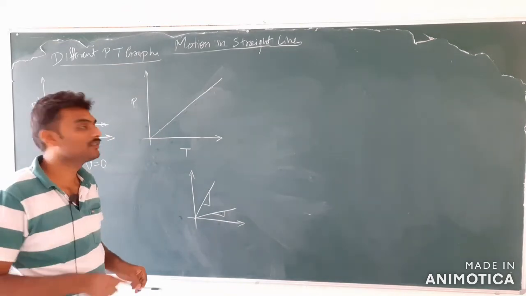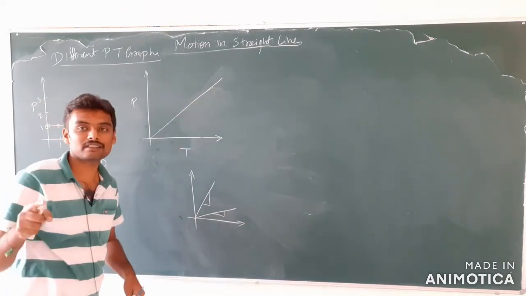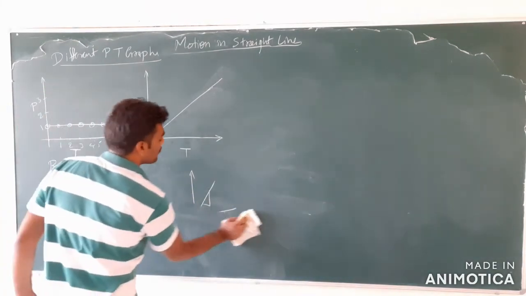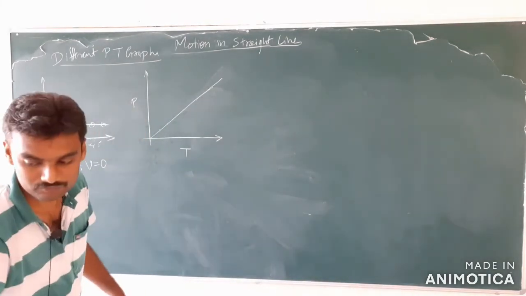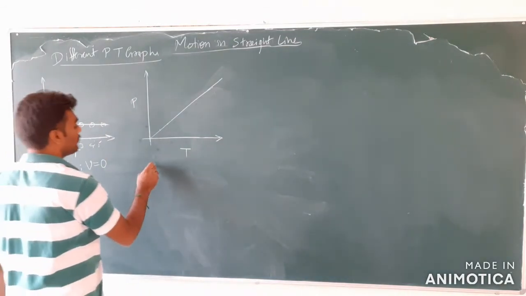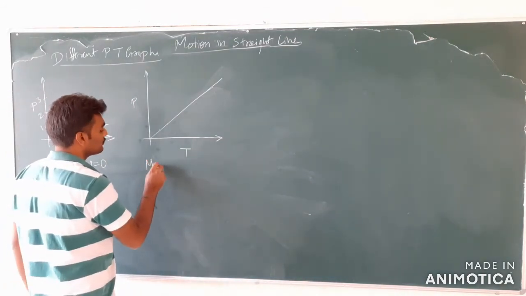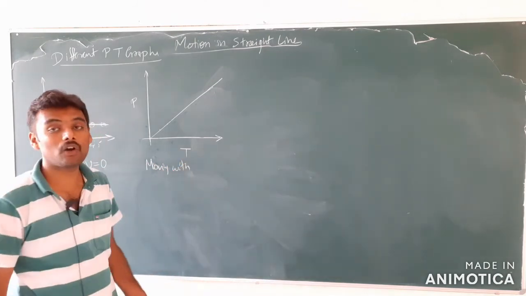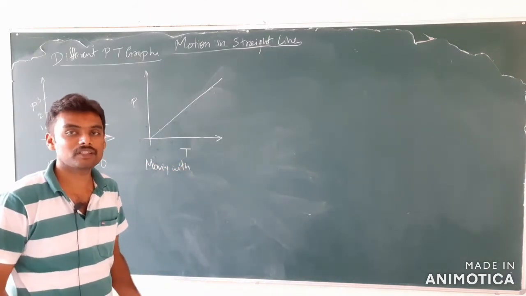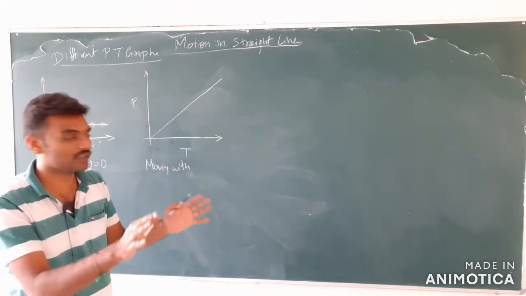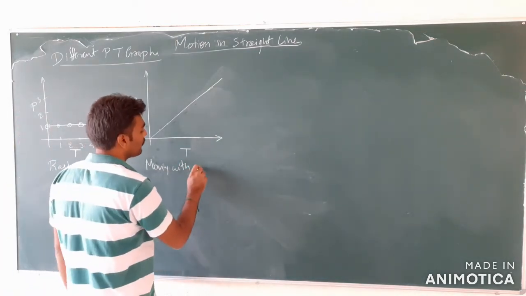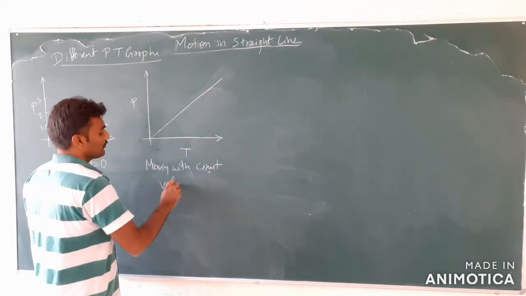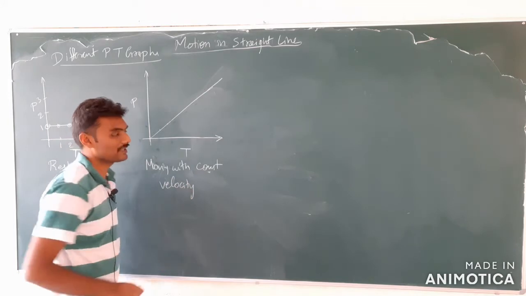So velocity for the entire motion is same. So this graph shows that we have the body moving with same velocity or constant velocity. Same is also fine, constant is also fine, it's not changing. Body moving with constant velocity. Velocity is not changing.